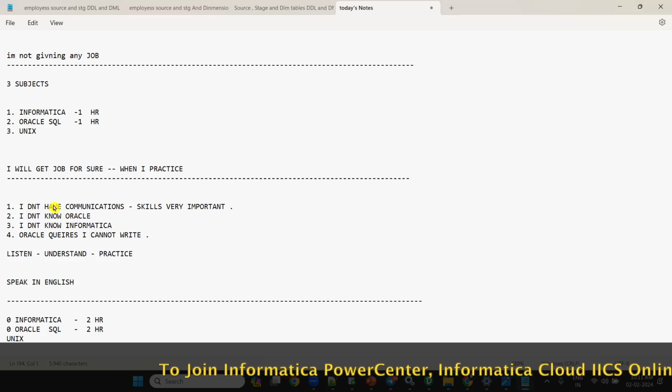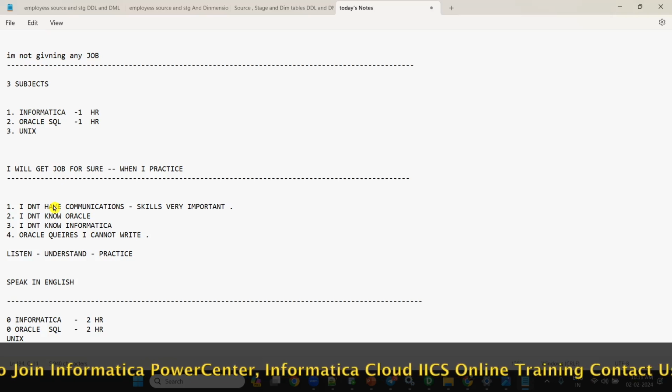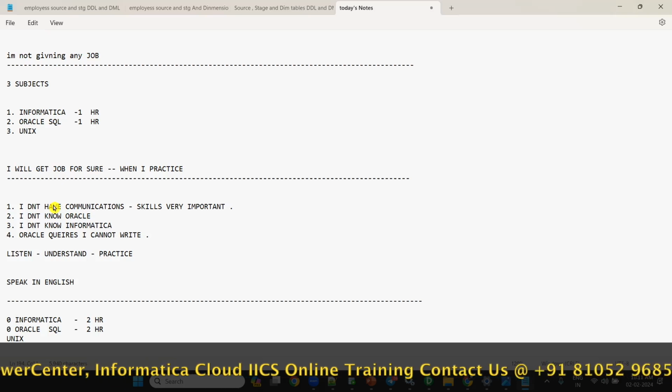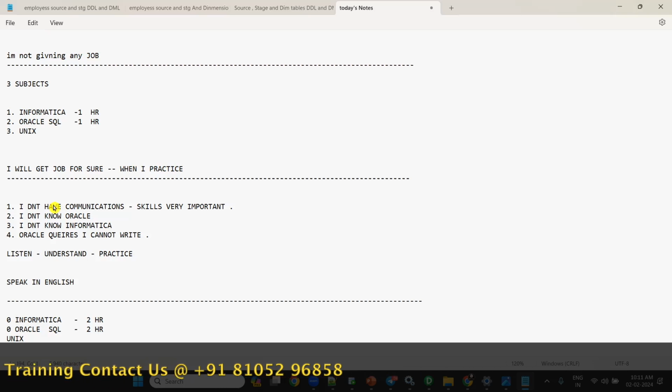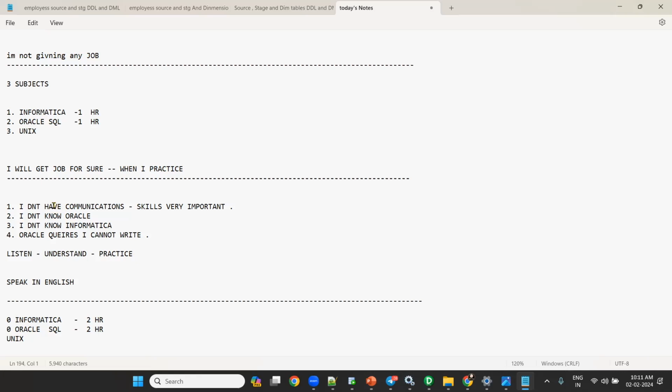English will not come by writing, will not come by reading, will not come by listening, will not come by seeing. It will come only by speaking. If you speak as much English as you can, then you can. You don't need to speak high-fi English. Simple English, English is just a communication language. Whatever you speak in English, the other person should understand.